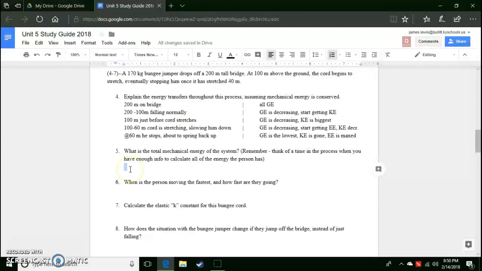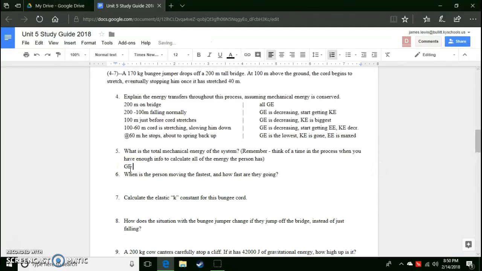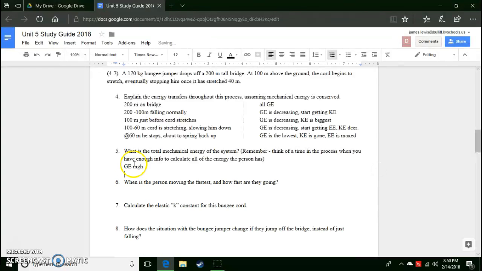All we need to know is GE equals mgh. The mass is right here, it's 170. g is always 9.8. And h, remember, this is at the top, so that is the 200 meter mark.